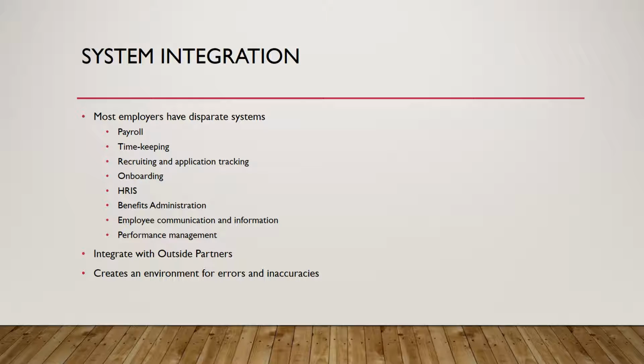And as mentioned before, the primary reason why this is such a prevalent issue is because employers have a variety of disparate systems that they have to integrate, and just the overall need to integrate these disparate systems results in the propensity for greater errors to occur.